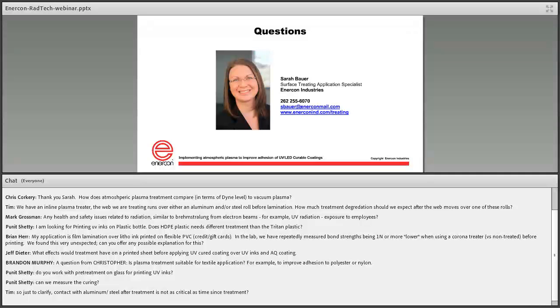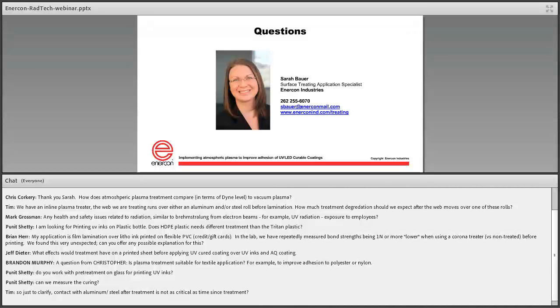If you were, let's just say, digitally printing ink, you could use just a tape test on that. And another option, if it's a bond strength of an adhesive, so you're measuring if the adhesive has adhered well to the surface, then you could use a pull strength test.